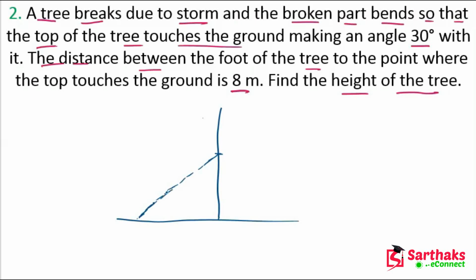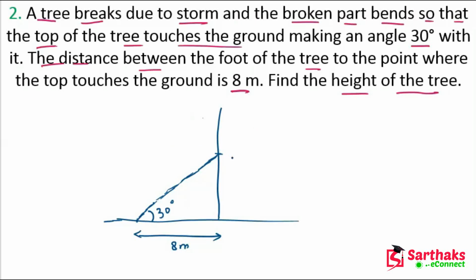This is the broken part. It makes an angle of 30 degrees. And we know the distance between the point where the top touches the ground and the foot of the tree is 8 meters.